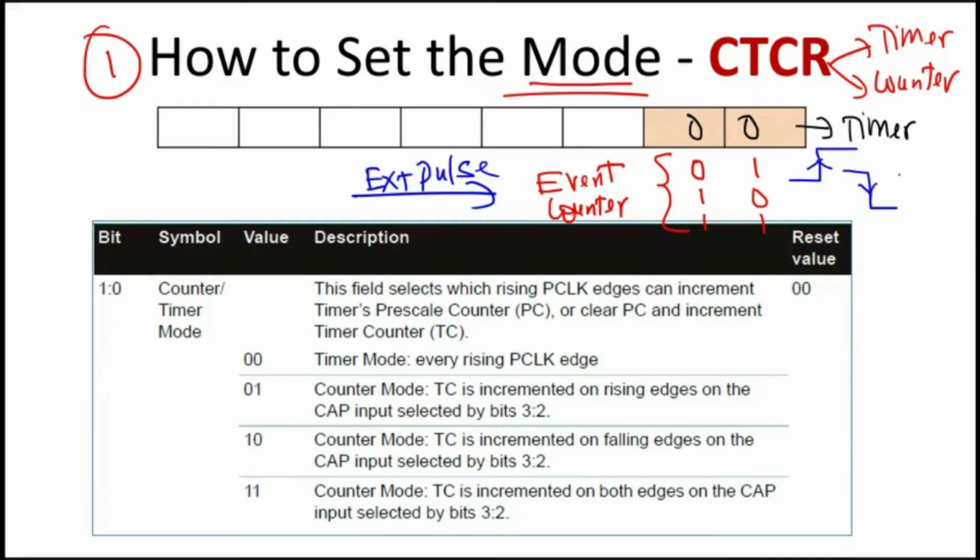This is a rising edge, this is a falling edge. If you set the value as 11, the microcontroller will count both the edges, both rising as well as falling. So both edges are counted. So this is the difference. If you are using your timer for timing applications, you have to put the count control register as 00. So that is the first thing that you have to understand.